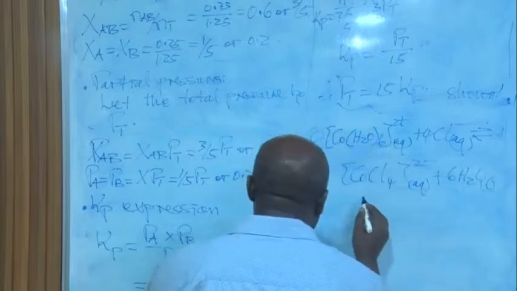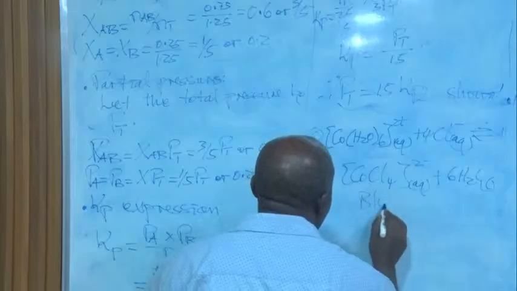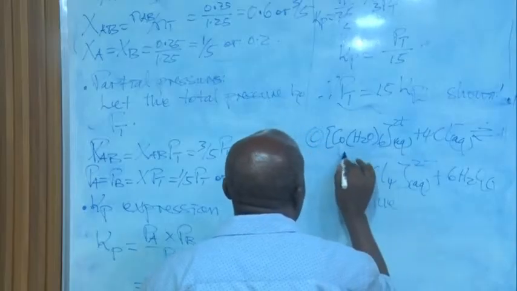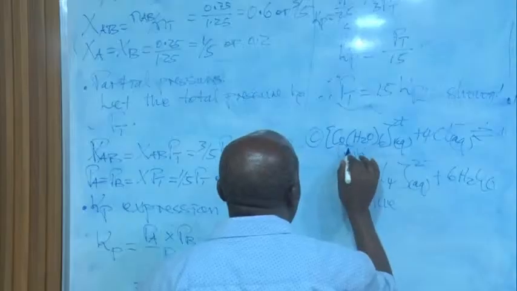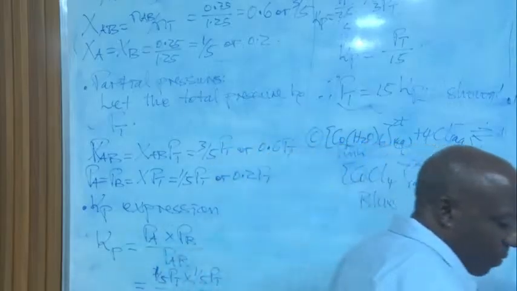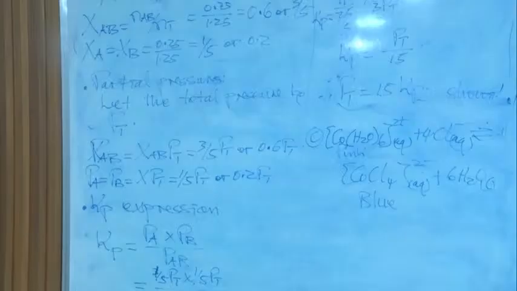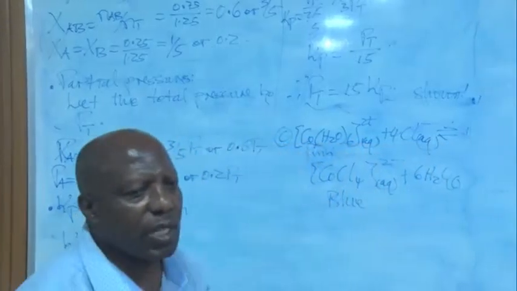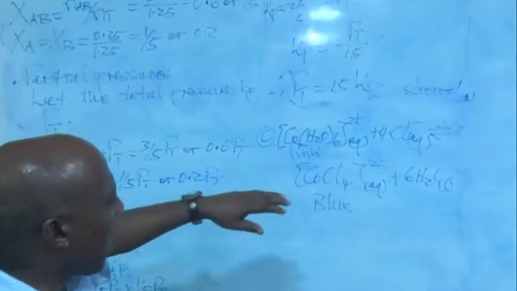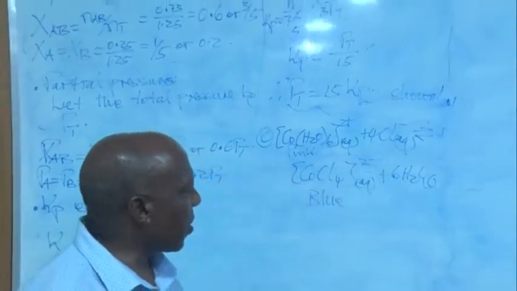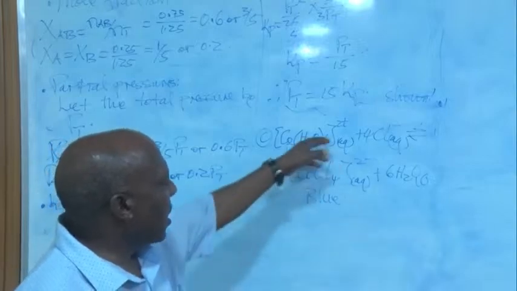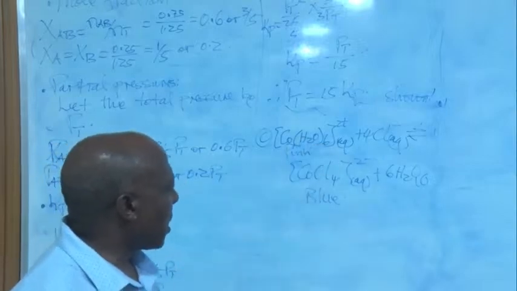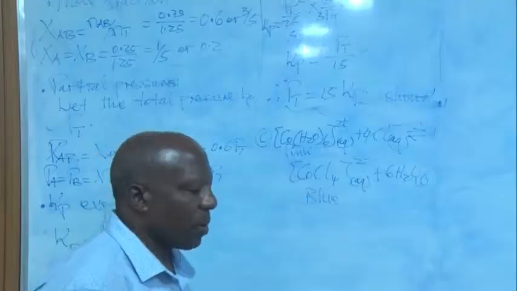Now this is blue in color, while this is pink in color. So the first solution, made before the addition of hydrochloric acid, is pink. That is the complex formed after dissolving cobalt-2 chloride in water. Then after adding hydrochloric acid, the solution changes from pink to blue.